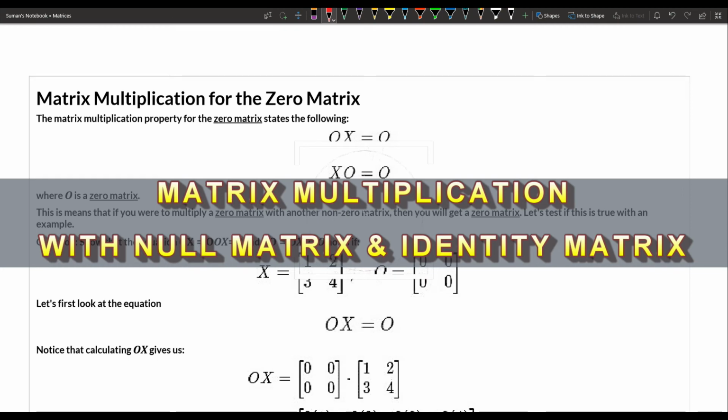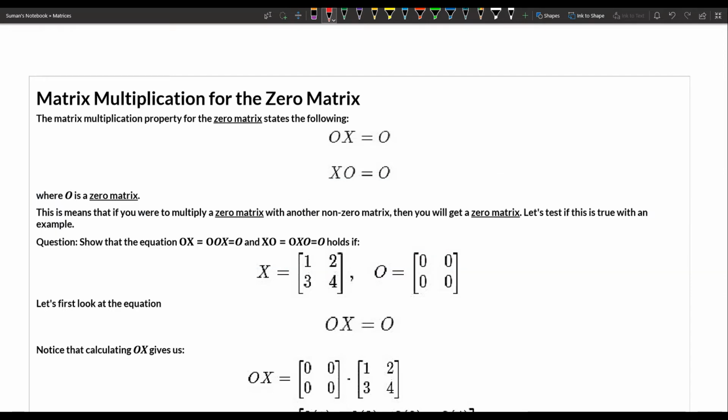Hello friends, today our topic is matrix multiplication with the zero matrix and also with the identity matrix. Now what is a zero matrix or null matrix? Already we know the zero matrix or the null matrix is practically a square matrix.